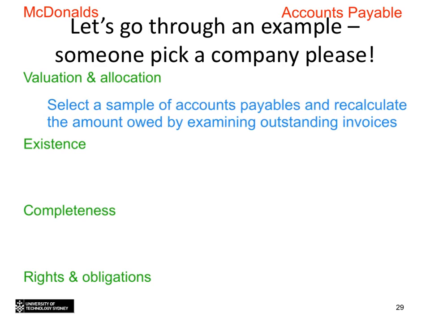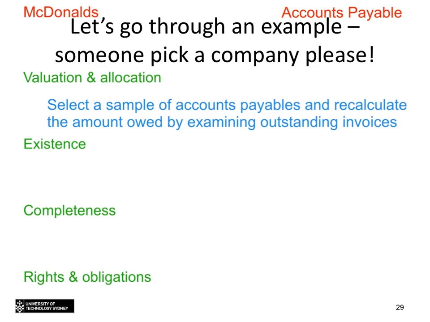How do I check the valuation of accounts payable? I need to do some form of recalculation, maybe? Inspection of invoices. Yep, so let's do a few different things. Let's select a sample of accounts payable, and recalculate the amount owed by examining outstanding invoices.